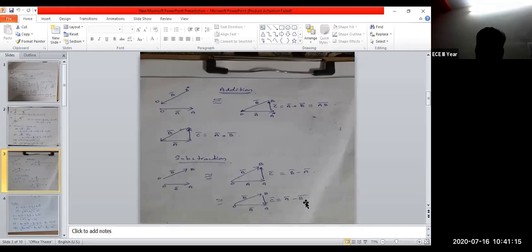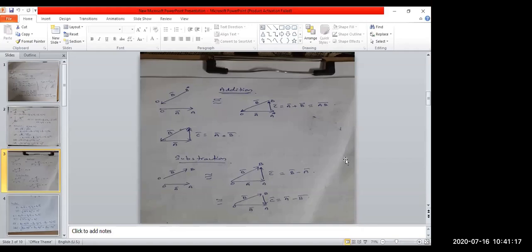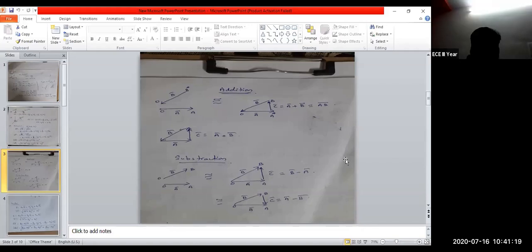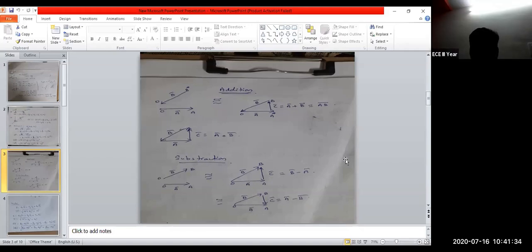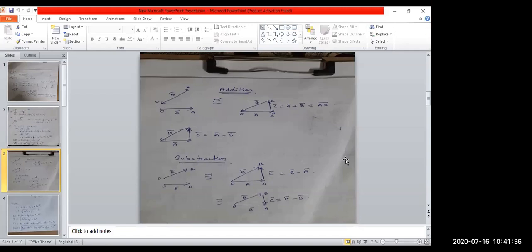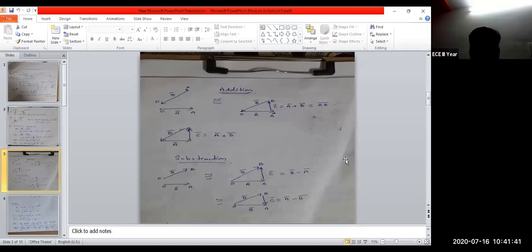So now can you analyze when do we go for the addition of vectors, and when do we go for the subtraction of vectors? If the resultant of the two vectors has the same endpoints, either starting point or ending point, whatever it may be, then it is subtraction.